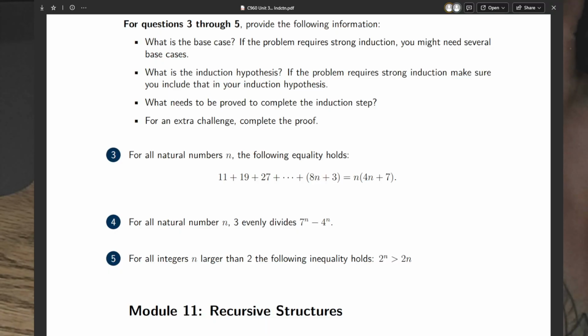So let's move on to this next proof by induction. It asks, for all natural numbers n, 3 evenly divides 7 to the n minus 4 to the n. Now this is going to be a different strategy with proof by induction. This is going to be called a divisibility proof by induction, where we're not given necessarily a series, nothing's being added together, we just want to see if the difference between these two values is a multiple of 3.